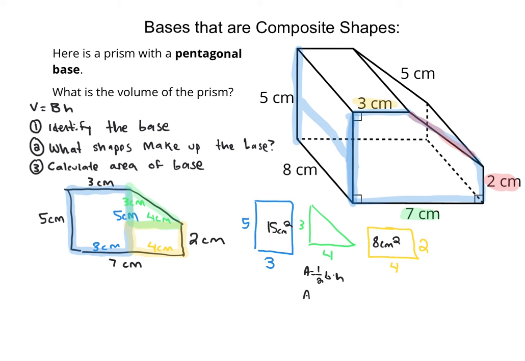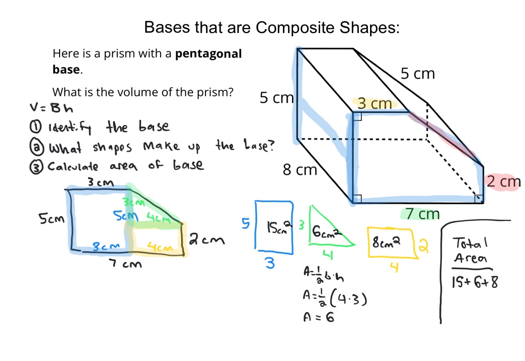So area is 1/2 of 4 times 3, or 1/2 of 12, so area is 6 centimeters squared. And so the total area of my figure, adding those all up together, is a total area of 29 centimeters squared for our base.